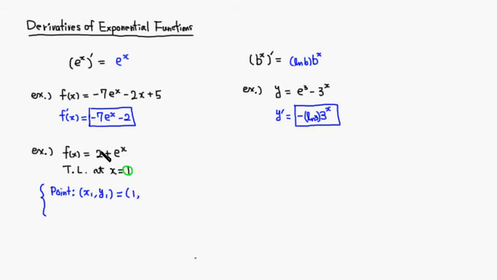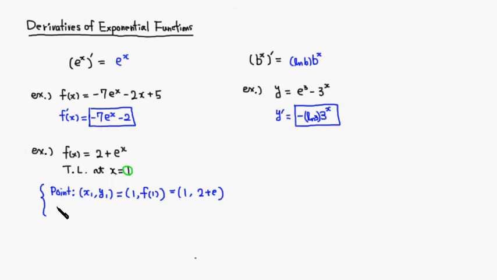Then y1, you just have to plug in 1 for x, f of 1. So the point is 1, comma, 2 plus e to the first power, which is 2 plus e.